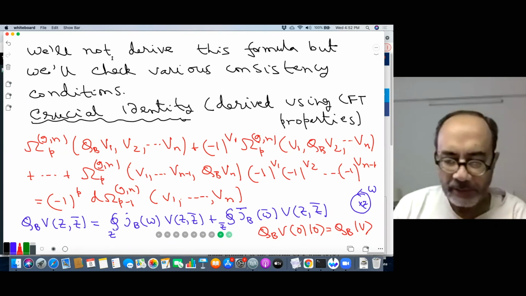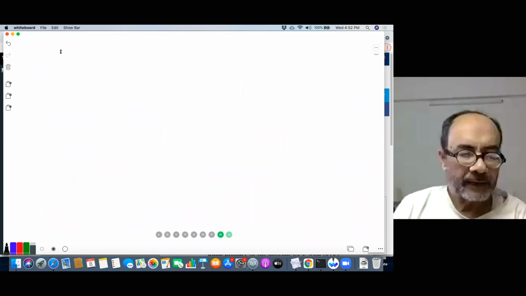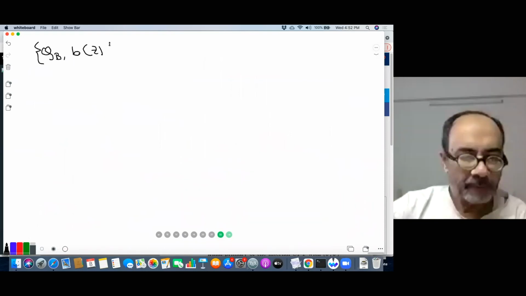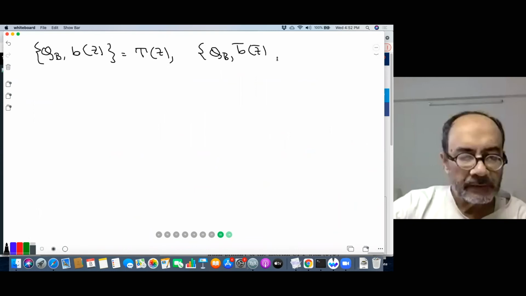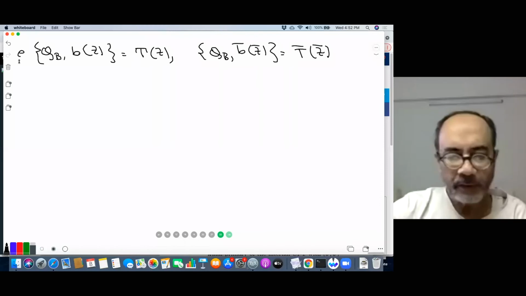One has to use the fact that QB with b is T, this is an identity, and then QB with b bar, Z bar is T bar Z bar. So this is the total energy momentum tensor, Tx plus Tbc. This I leave as an exercise. Given the definition of QB, you can prove this.